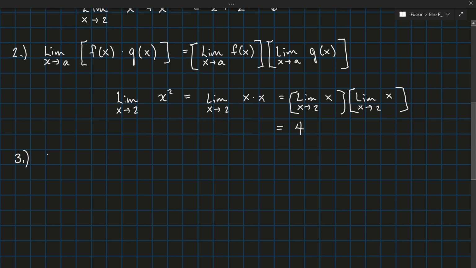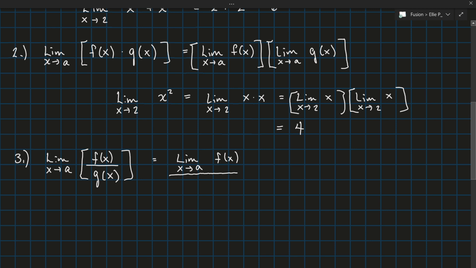And just like with multiplication, there is a division rule as well. So the limit as x goes to a of f of x over g of x equals the limit as x goes to a of f of x divided by the limit as x goes to a of g of x.